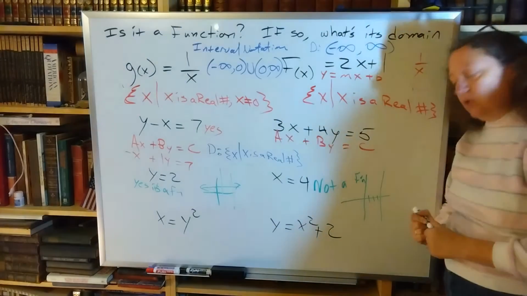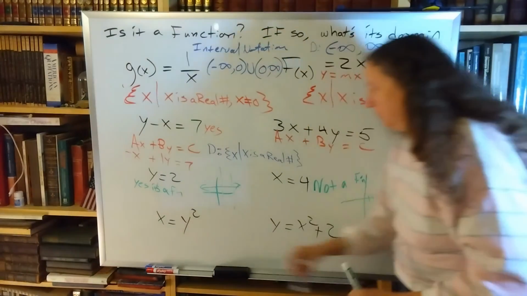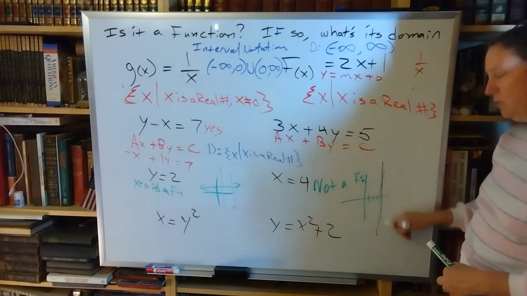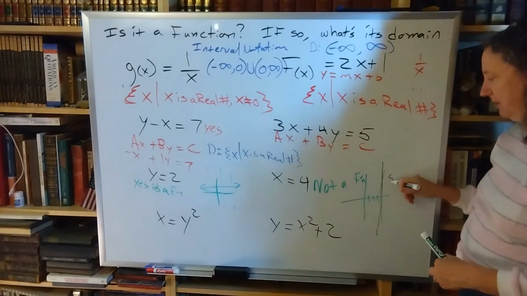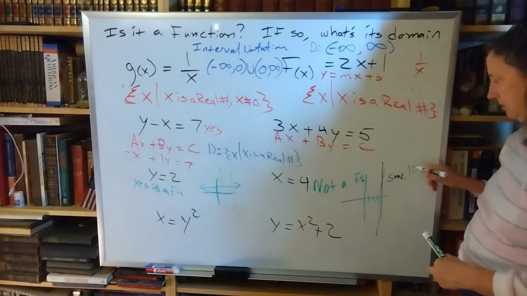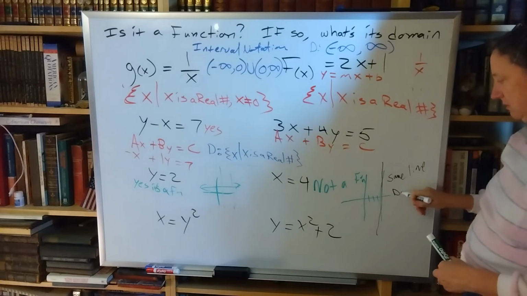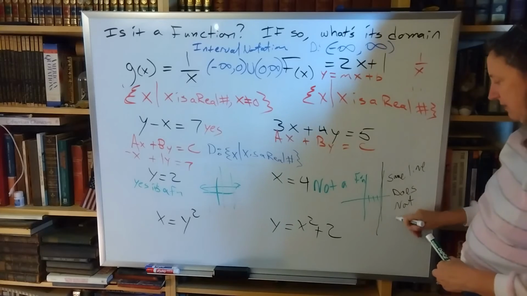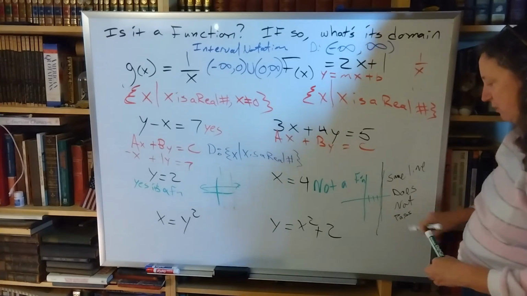Because if I were to draw a vertical line to do my test on this, my vertical line and my graph line are the same line. So it does not pass my vertical line test.